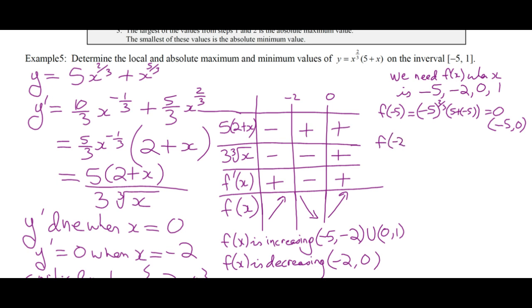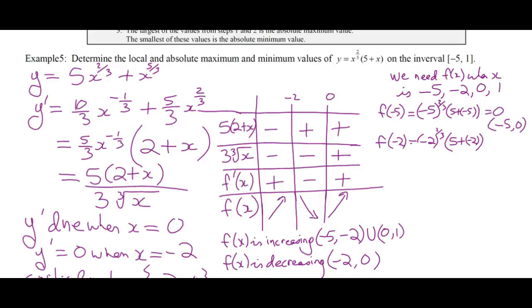f of -2 is -2 to the 2/3 times 5 plus -2, which is 3 times -2 to the 2/3. Come up with anything fancier for that?